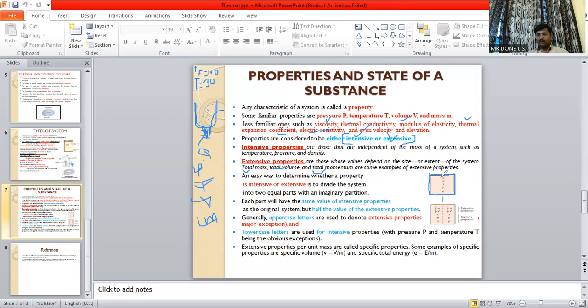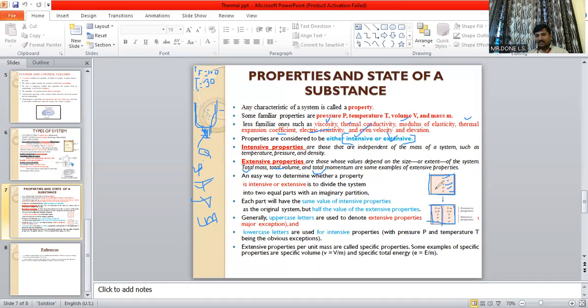Here some properties are taken into consideration: mass M, volume V, temperature T, pressure P, and density rho. If we divide this system into two equal half parts, then what happens?